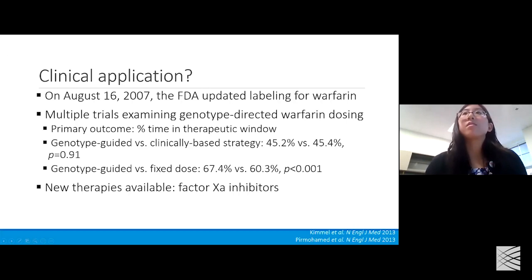And a common theme as well is that there are new therapies available, the factor Xa inhibitors, and these are more commonly used as opposed to warfarin nowadays, causing some of these findings to be less relevant in the clinical setting.